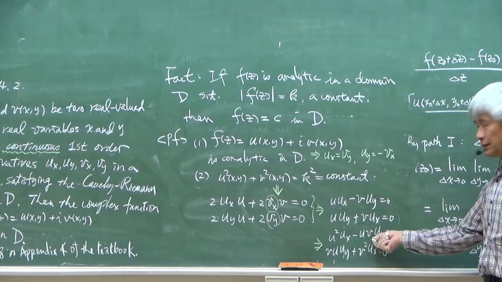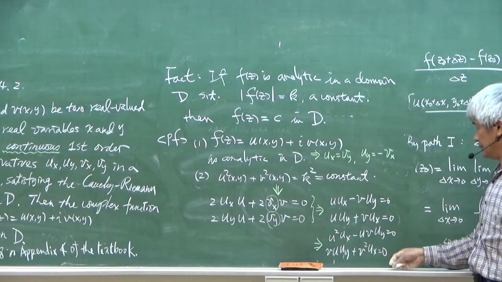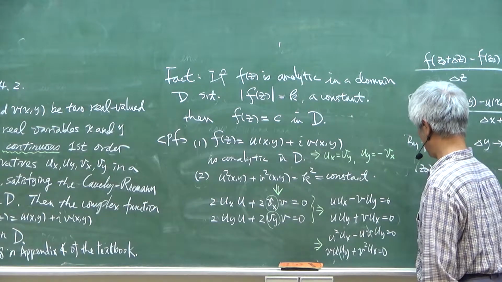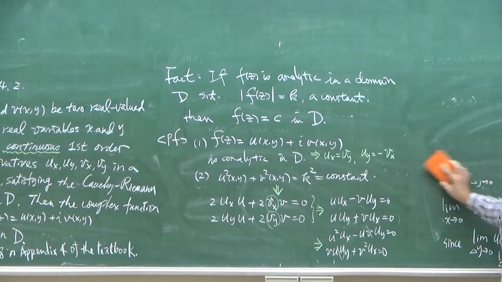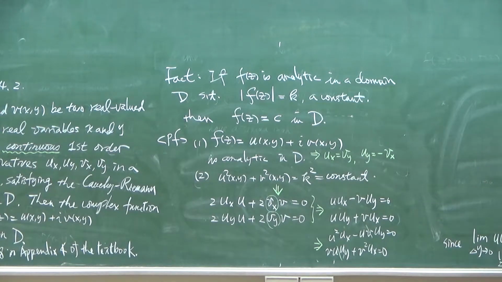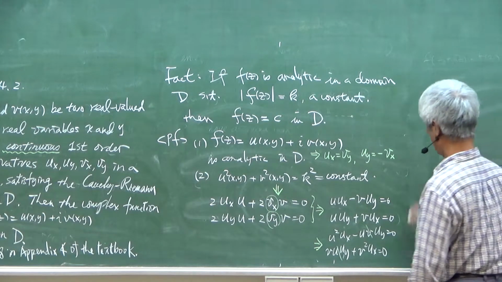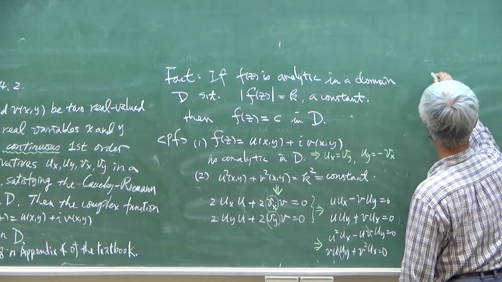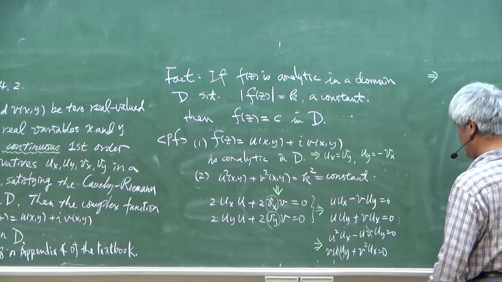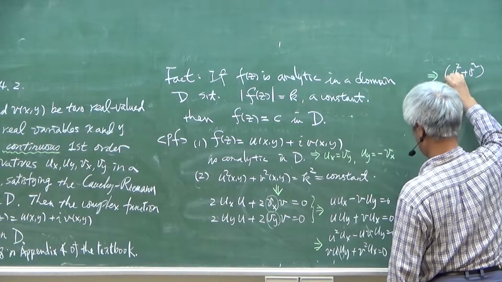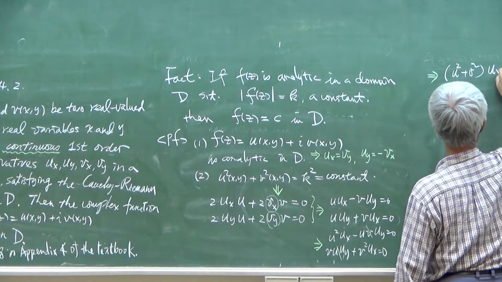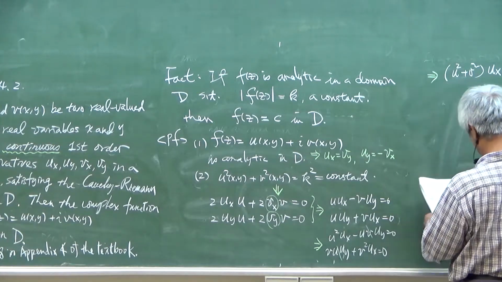Then you add these two equations together, and you cancel this term. Finally you have u squared plus v squared times ux equal to 0.